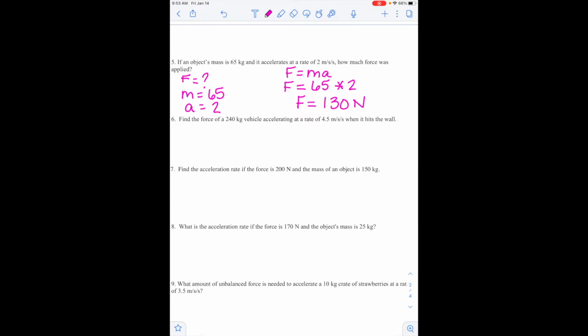Number 6. Find the net force of a 240 kilogram vehicle accelerating at a rate of 4.5 meters per second squared when it hits a wall. So we are looking for the force. We know our mass of our vehicle is 240 kilograms and our acceleration is 4.5.